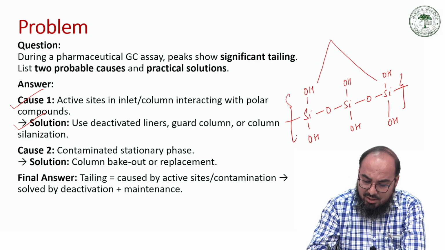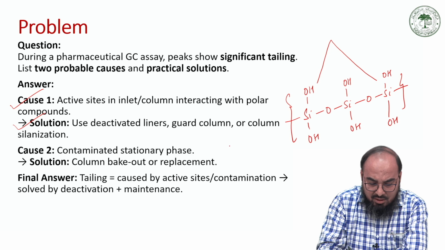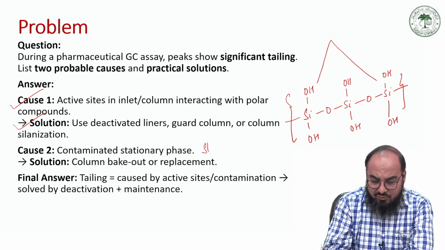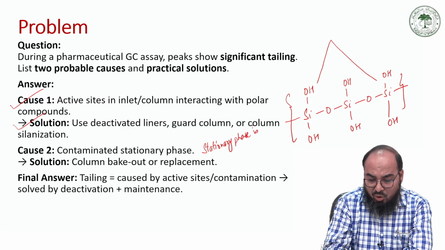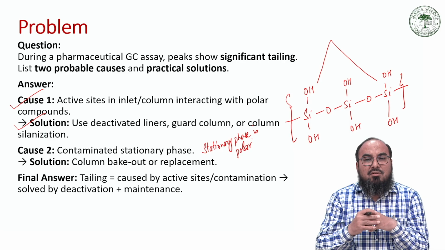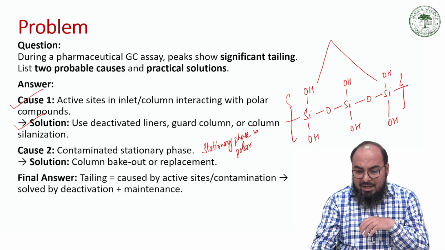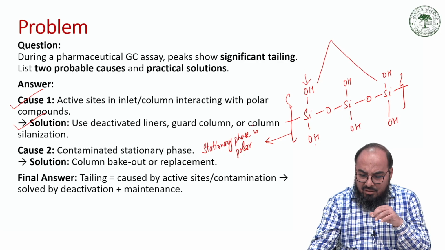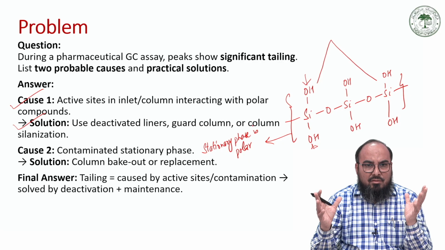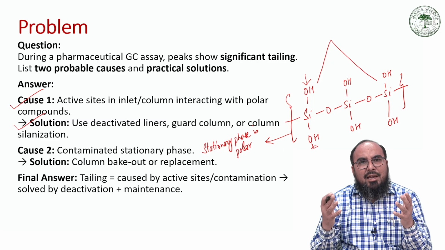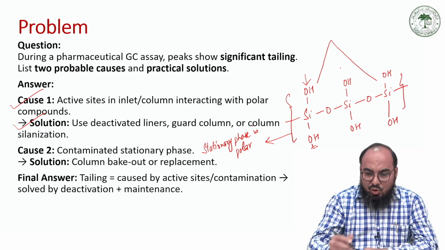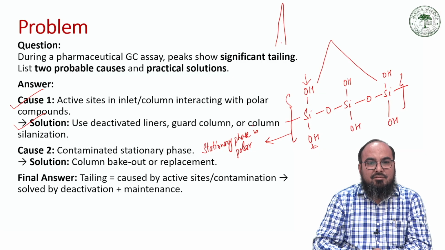If your stationary phase is polar, you just run your column with this compound, and all the polar sites will attract it and be removed. So next time when you run the GC, there will be no peak tailing. You will get an ideal peak like this.